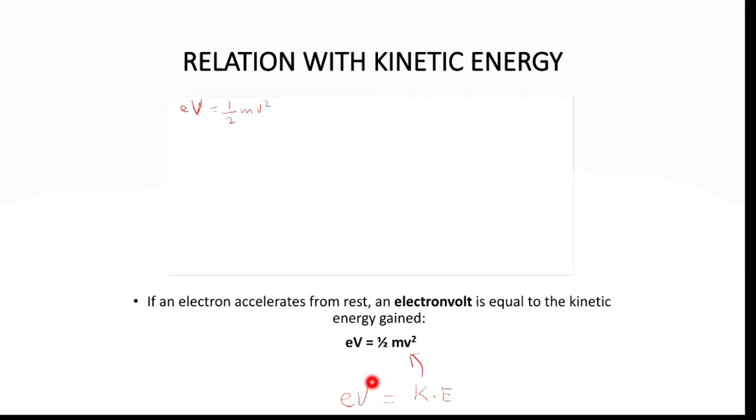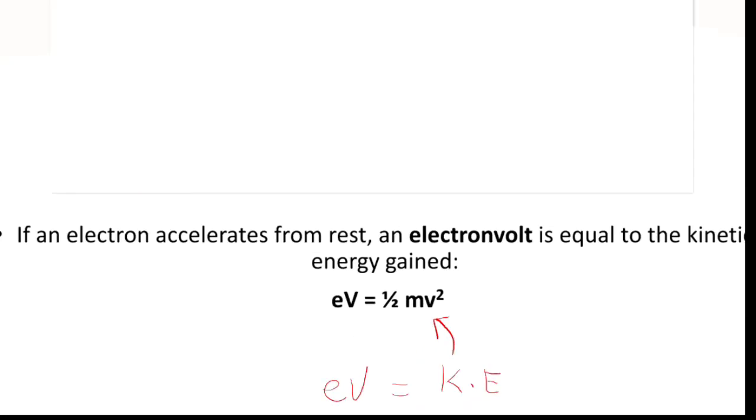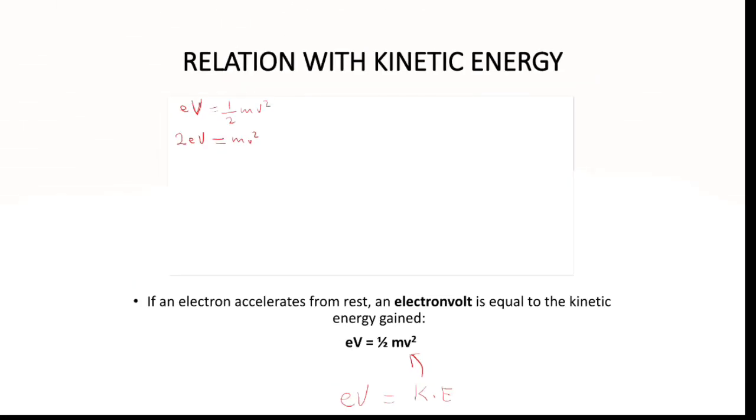So how are we going to do that? First things first, let's multiply both sides by 2. So this will be mv squared. Then you divide both sides by m. Then you get v squared equals 2eV divided by m.